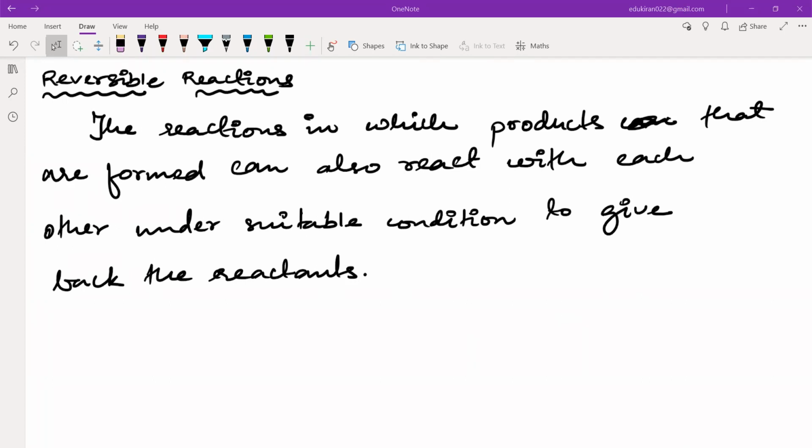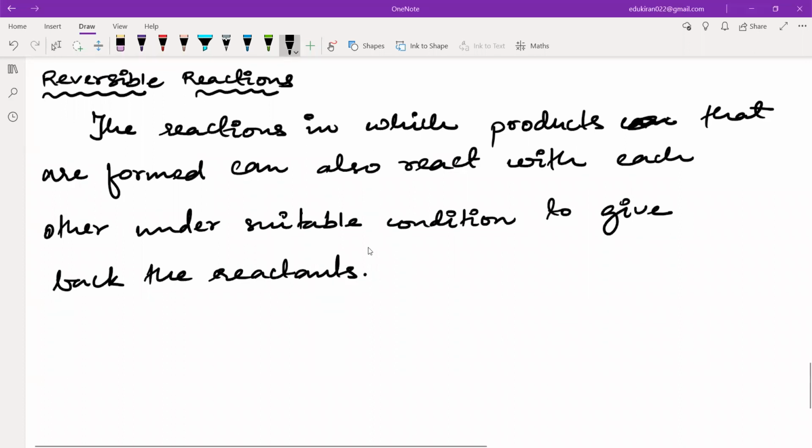Surat is also done. Okay, I think everyone is done.